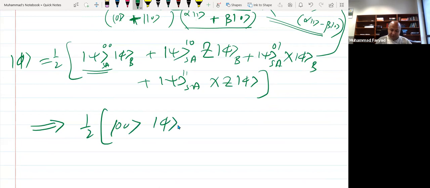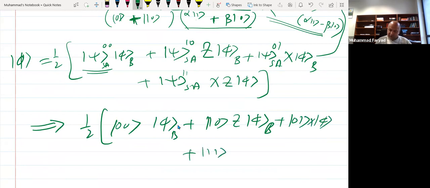The psi 10 will go to 10 state, because this is just the inverse of the entangling circuit that we studied last time. And this psi 01 will go to 01 with the X gate on phi, and psi 11 will go to 11 state on XZ phi.